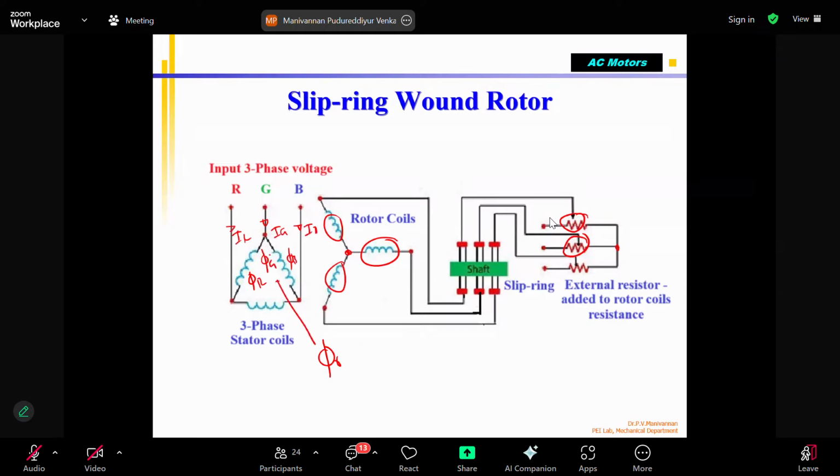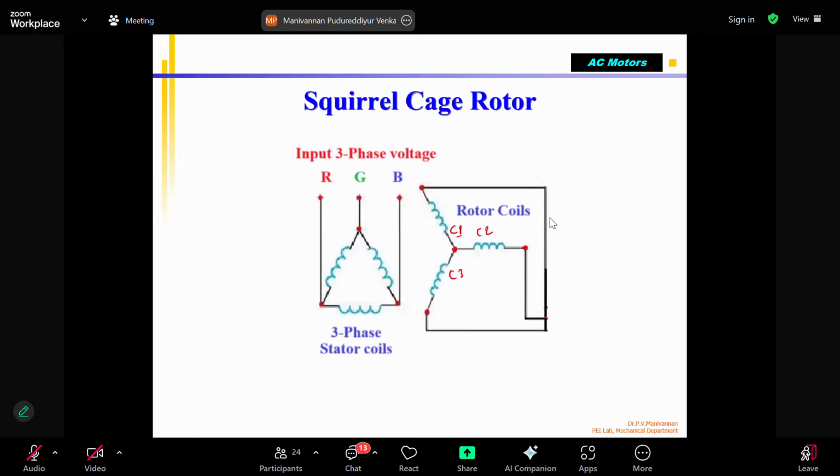That's what we saw yesterday: voltage, current, everything varies sinusoidally with respect to time. The resultant vector of the magnetic flux created by the stator is going to cut the rotor coils, so in the rotor also a voltage is induced.